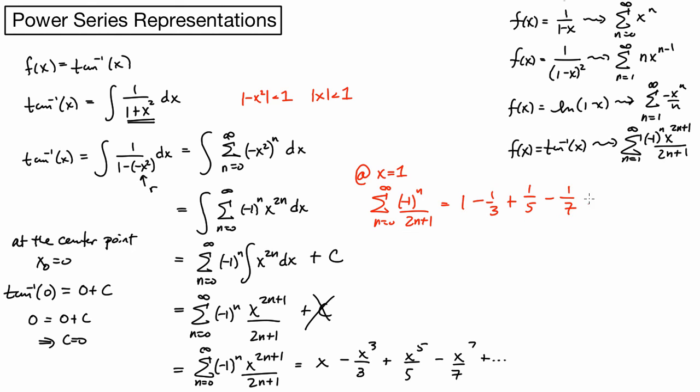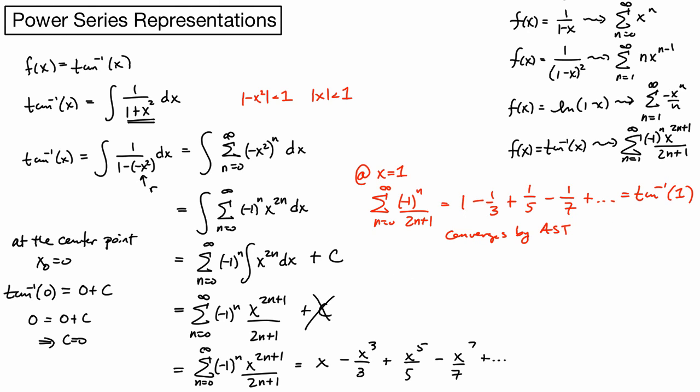This actually converges by the alternating series test, so I'm allowed to plug in 1 into my function. But what's interesting about that is, what is tangent inverse of 1? 1 would be an angle whose sine and cosine agree, and that is pi/4.